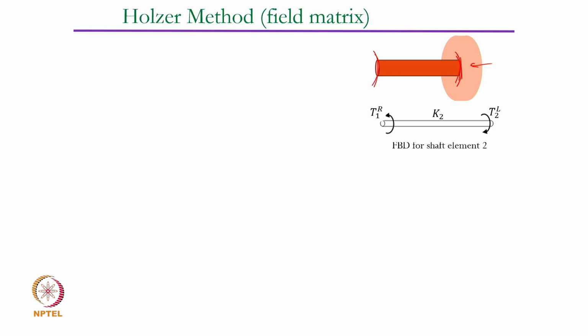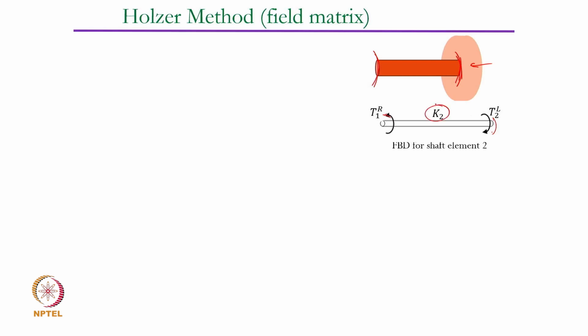So what we have is a massless spring element. The shaft here is considered massless, it only stores the strain energy. Whenever it undergoes a twist across the two ends, it stores strain energy. We would like to look at the force balance in that case. If the torque is applied here, there will be a resisting torque on this side.